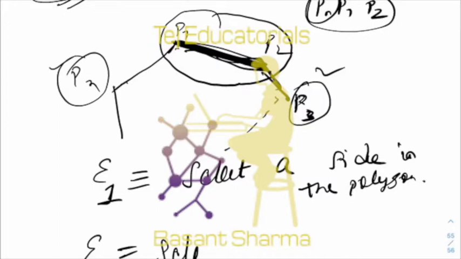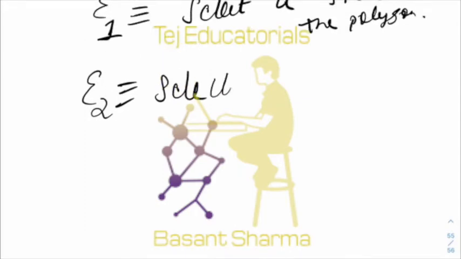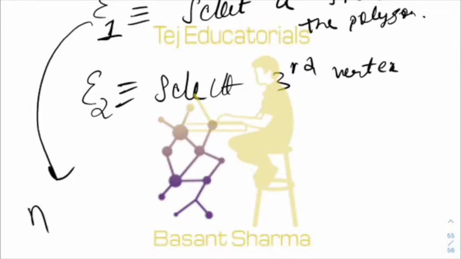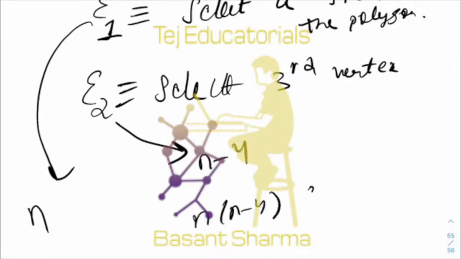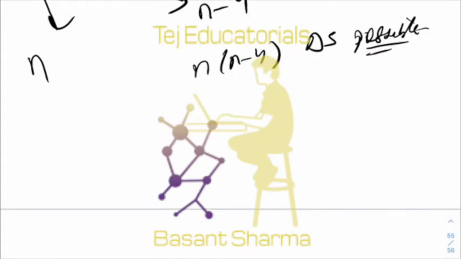Now you want to select the third vertex, but for every side that you have selected, you can't select either these two vertices lying on the side or the adjacent vertices. So for event E1 you have n choices, and for event E2 you have n minus 4 choices. So basically n into n minus 4 triangles are possible. All right, it's pretty straightforward.